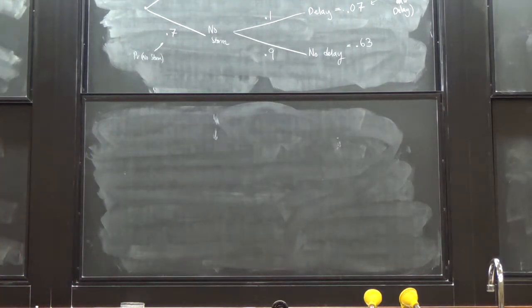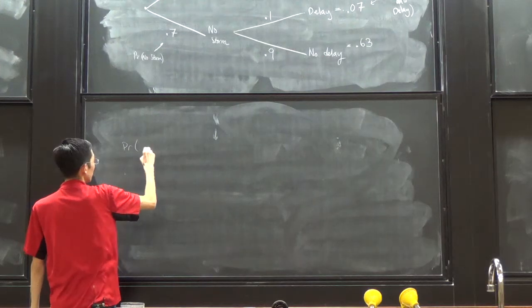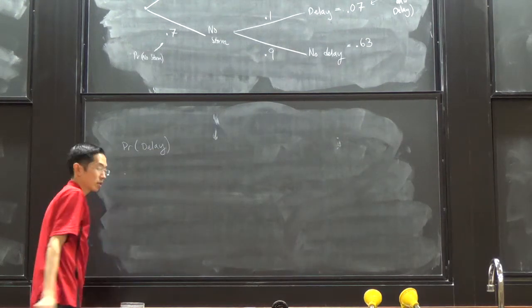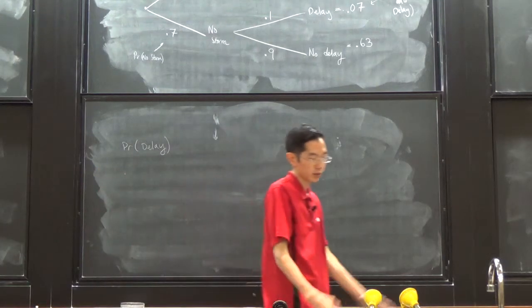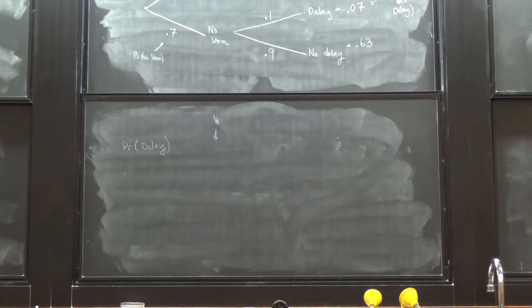Okay, so if we have this probability tree to guide us, we can ask, what is the probability that we experience a delay overall? Including the times when there is a thunderstorm, and including the times when there is no thunderstorm.